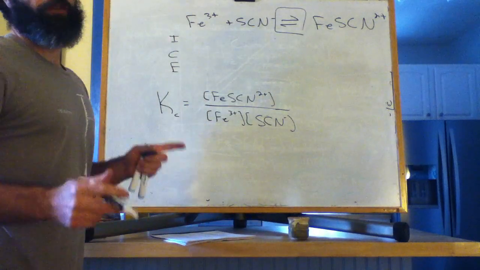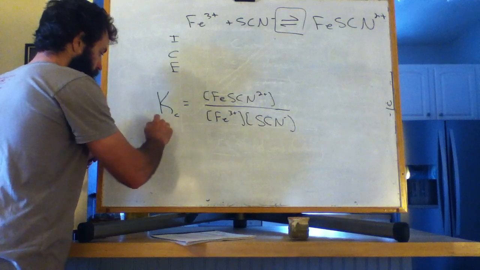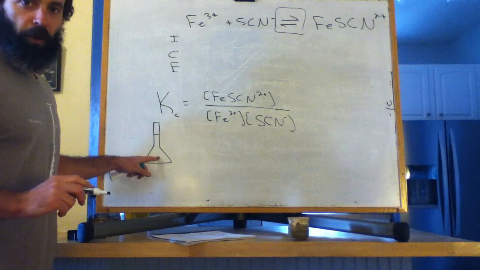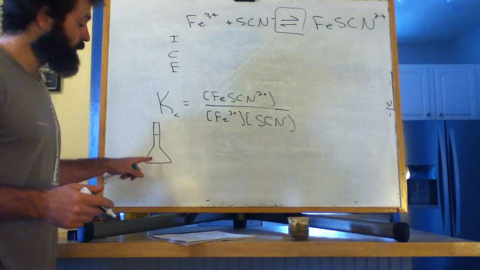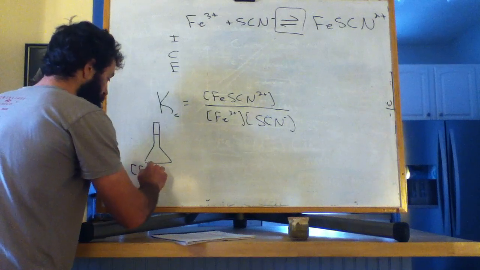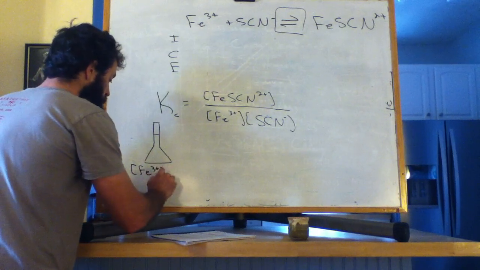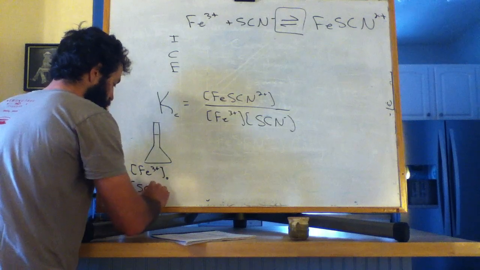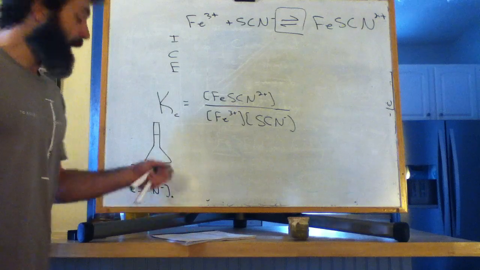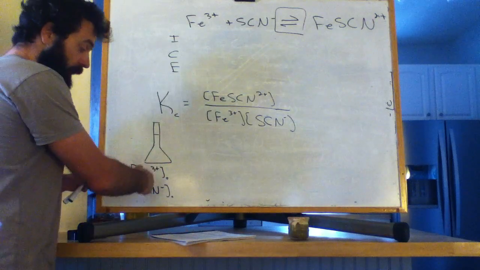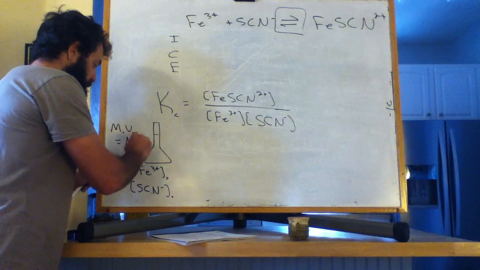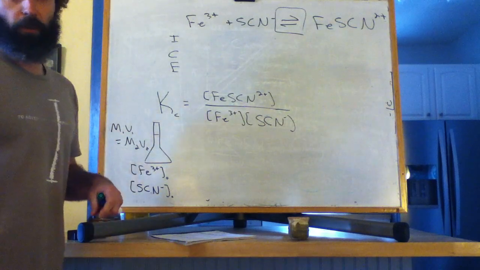Okay, for each of the flasks that you make, just like last week, we make a bunch of standards in volumetric flasks. We should know the initial concentration of iron in here, and we should know the initial concentration of SCN minus in here because we made the standards. And we can calculate these initial concentrations just the same way we did last week, using M1V1 equals M2V2.